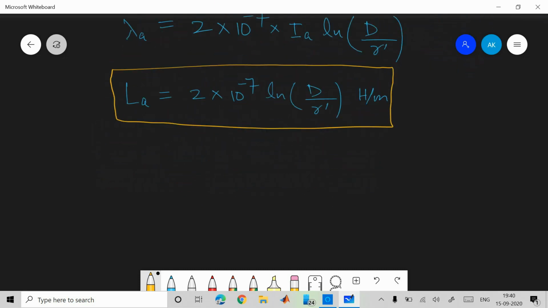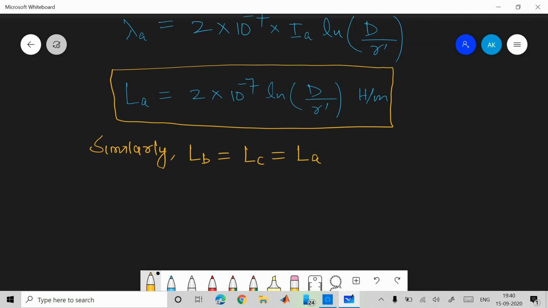Similarly, your inductance LB will be equal to LC, and all these will be equal to LA.